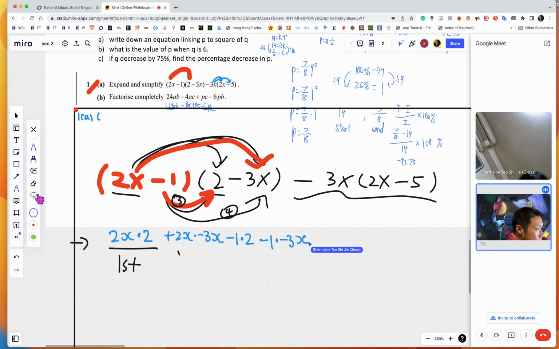So what do you get after simplifying all this? Correct. This one you can use calculator. You have 2x, 1x, and 1x. So x times x gives you, wait, this x times x.